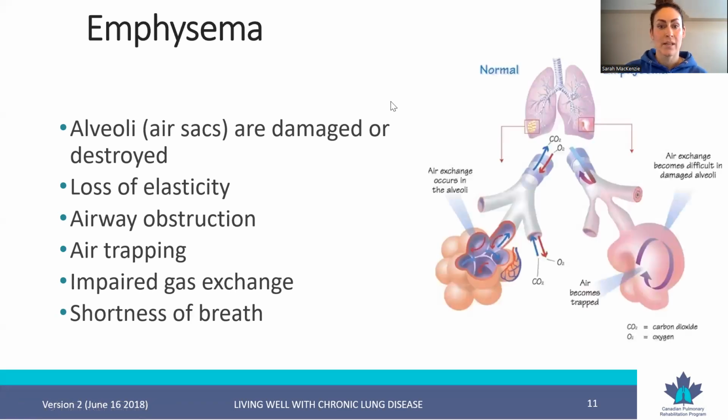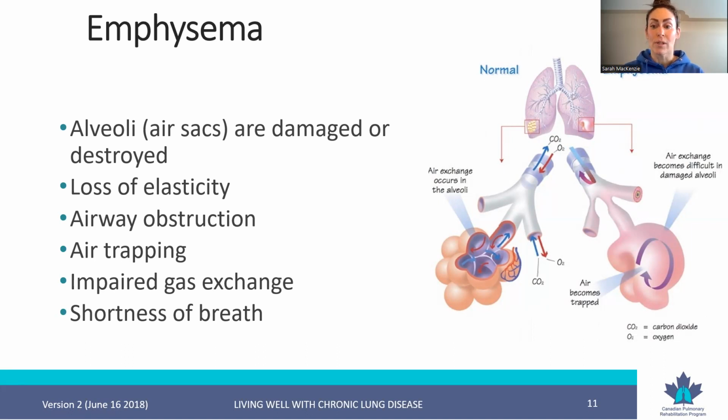So here's that normal cross section of the alveoli, uniformly shaped grape clusters, okay? On the right, here is that COPD picture. So you can see how all of those little grape clusters have formed together to make one floppy airway. So there's a couple things to note here. As I mentioned, old air is going to be trapped inside that airway, so new air can't participate in gas exchange.